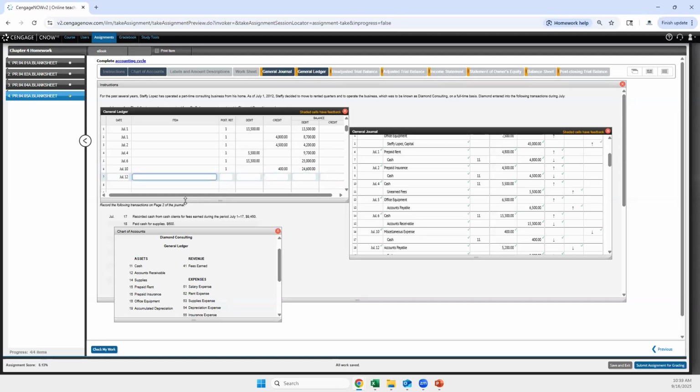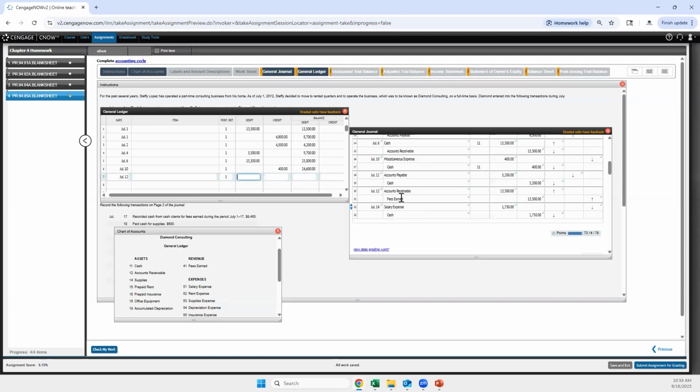July 12th, posting reference 1. We had no entries. So actually July 14th is our next cash entry. Actually, no, we did it. Okay, on the 12th, we had accounts payable cash 5,200. 19,400.